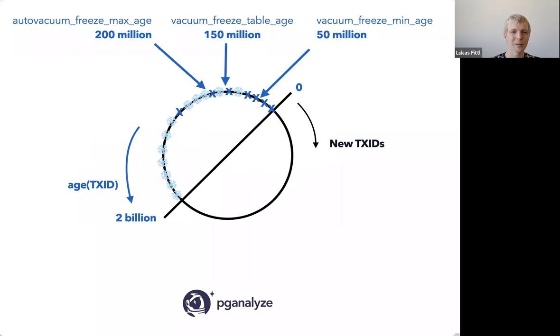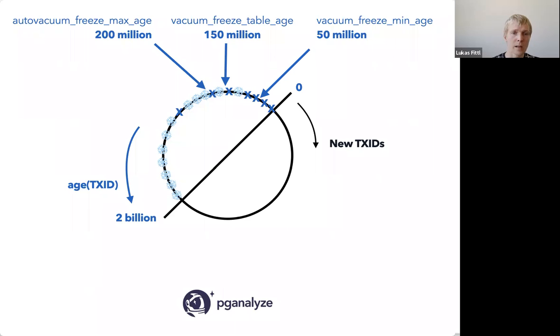Now, there's a bunch of numbers, so I'll try to show it to you visually. Coming back to our transaction ID clock, we have 2 billion transaction IDs in total that we can work with. Out of these 2 billion, the first limit to think about is the vacuum freeze min age. This determines when freezing starts. So less than 50 million, a very recent write to the table, is not going to get frozen because the expectation is that we'll likely touch it again.